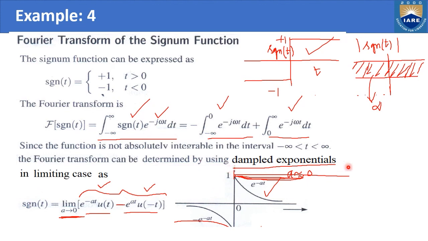Here it becomes flat as a tends to 0, and here it becomes flat. So this is the limiting case. I can say that the limiting case of two damped exponentials is nothing but the sgn function.